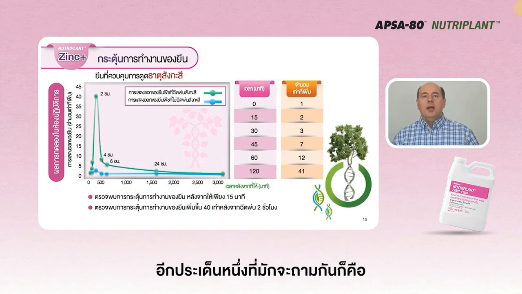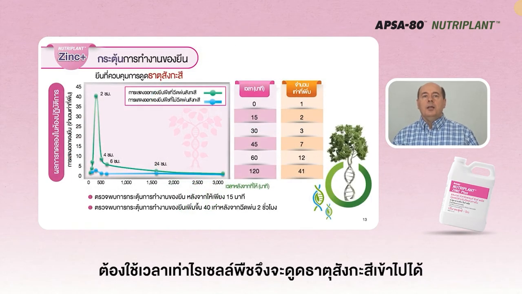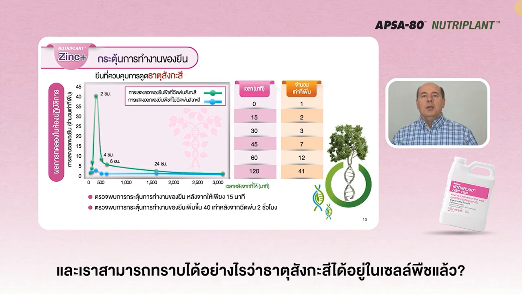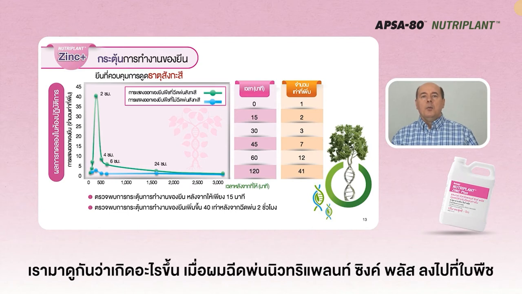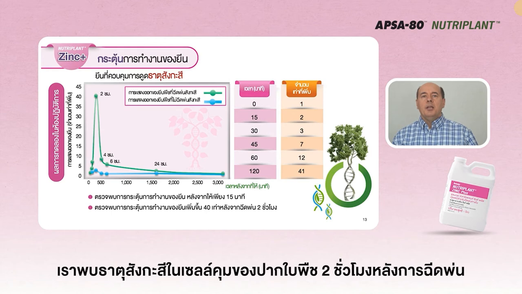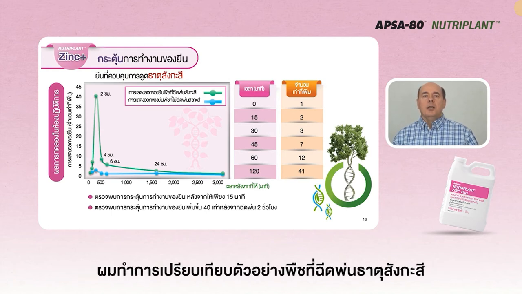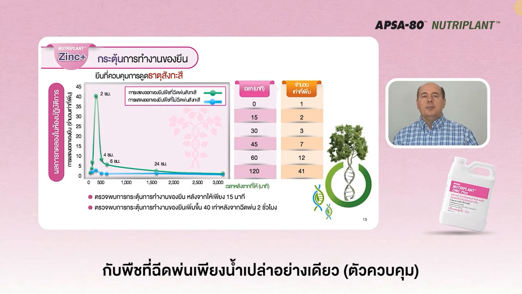The question you may have is, how quickly can it be absorbed and detected in the plant? We were looking at what was happening in the guarding cells of leaf stomata. We compared the zinc application versus control, which was just water application, to have some kind of comparison.